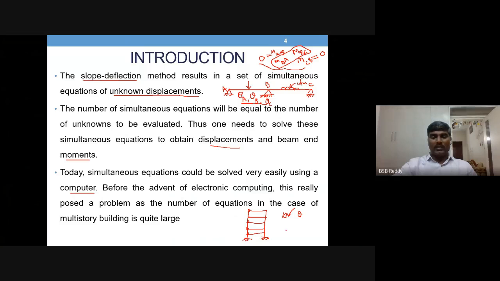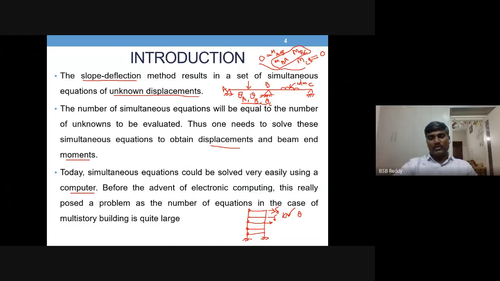So 10 rotations. Each floor will have its own delta value, floor delta. It is not the deflection of the support, it is the deflection of the floor.